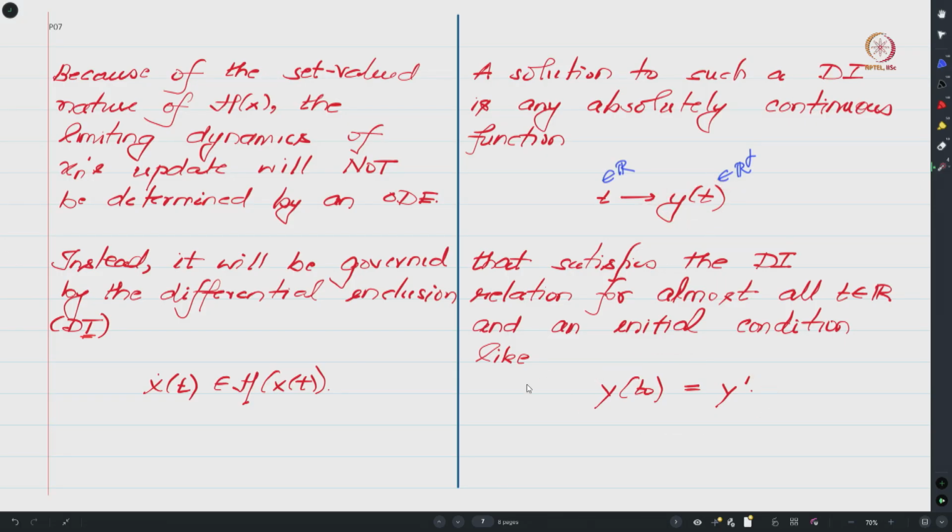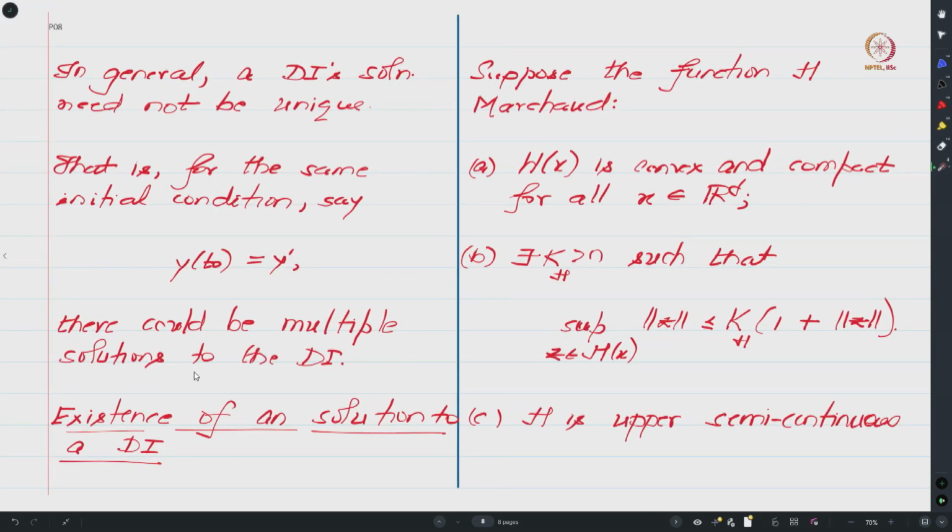So, let me again repeat, any map of this form which is absolutely continuous, which satisfies this differential inclusion relation for almost all t in R and an initial condition like this, will be said to be a solution of such a differential inclusion.